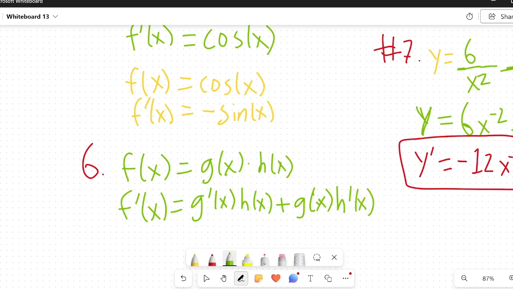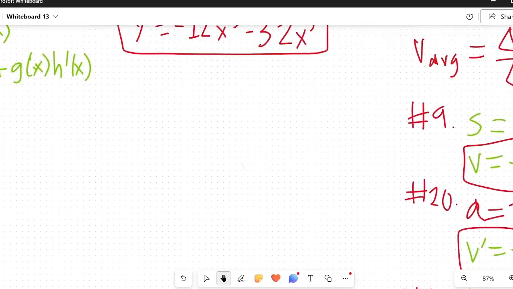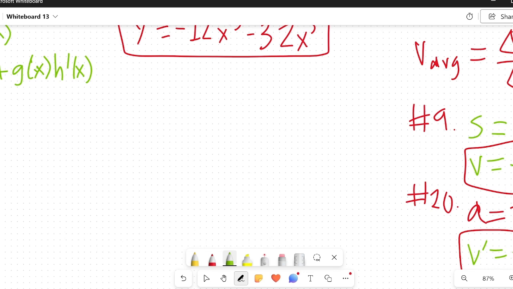Something like so, right? So this is actually not what you would expect. So let's do a quick practice problem. This will be practice problem number 12 for today.